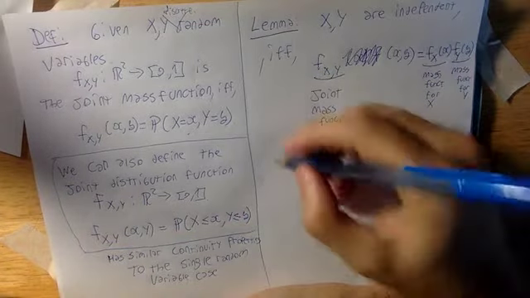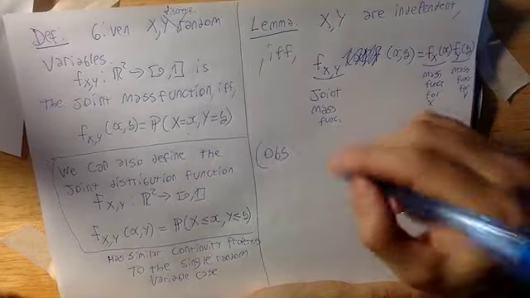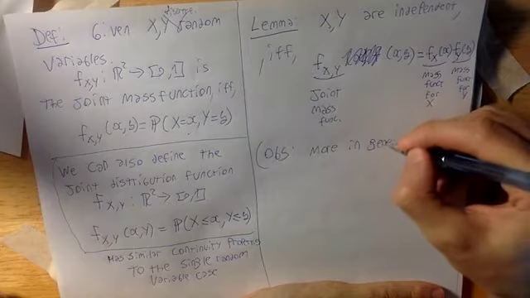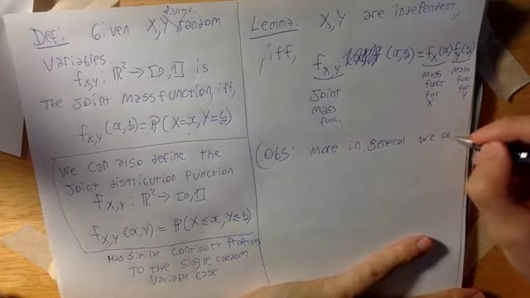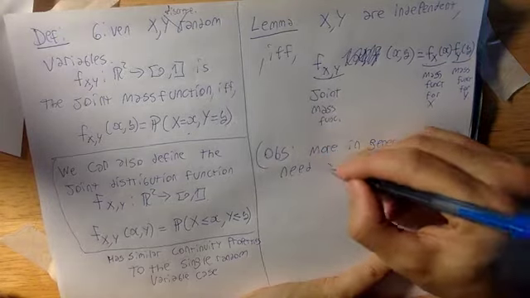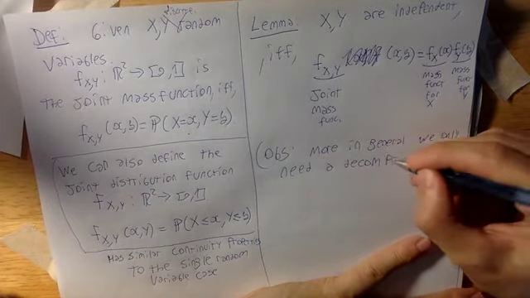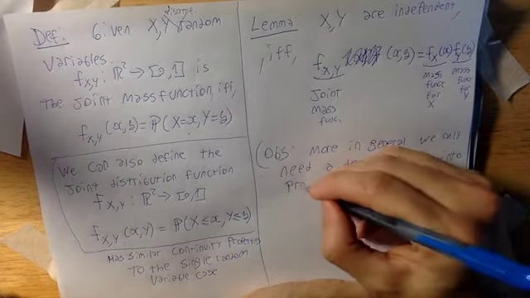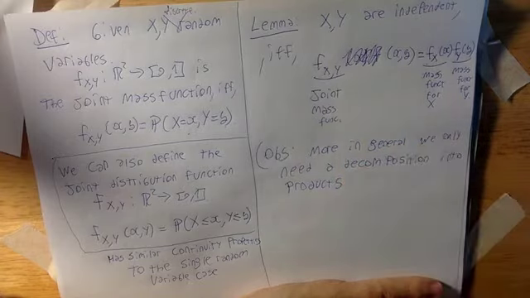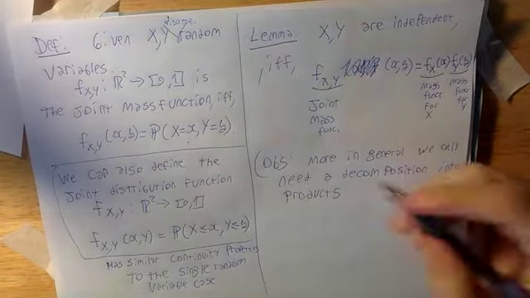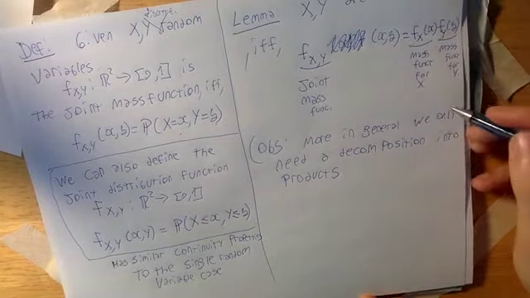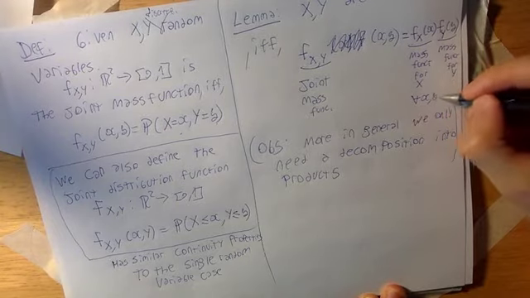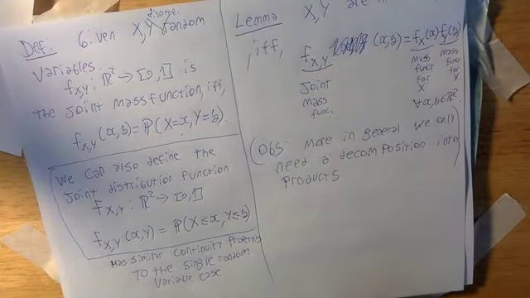So an observation would be that, more in general, we only need a decomposition into products, and then they have to actually be the marginals. And this is valid for every little x and little y in R2.